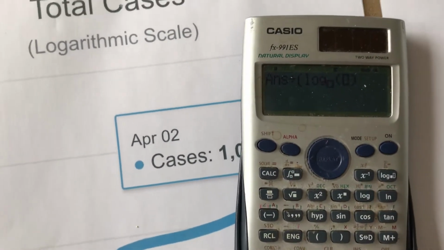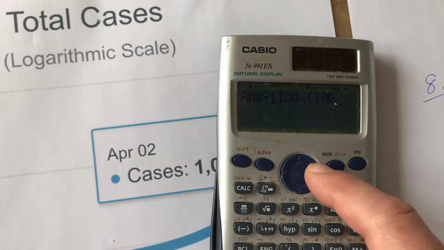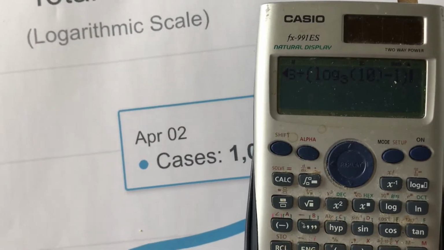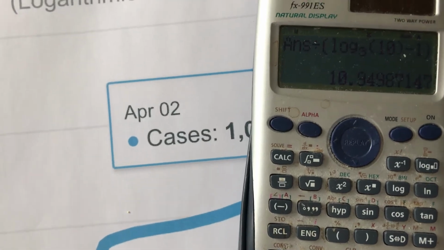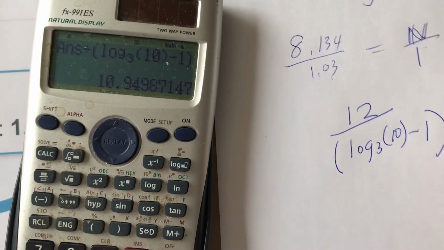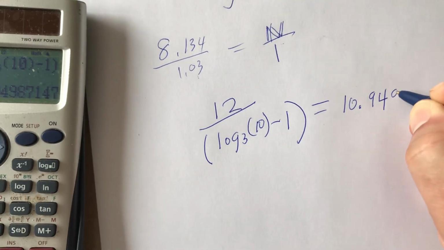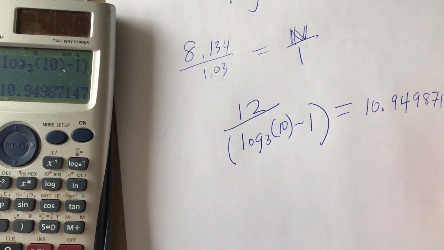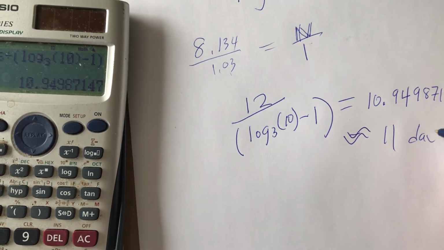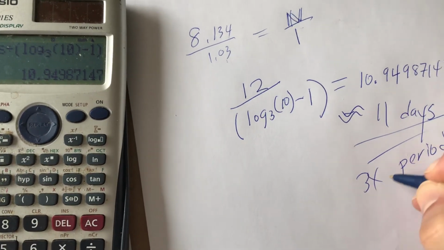So divide by log base 3 of 10 minus 1, close parentheses, and we get 10.94987147, or you can just say about 11 days per tripling period.